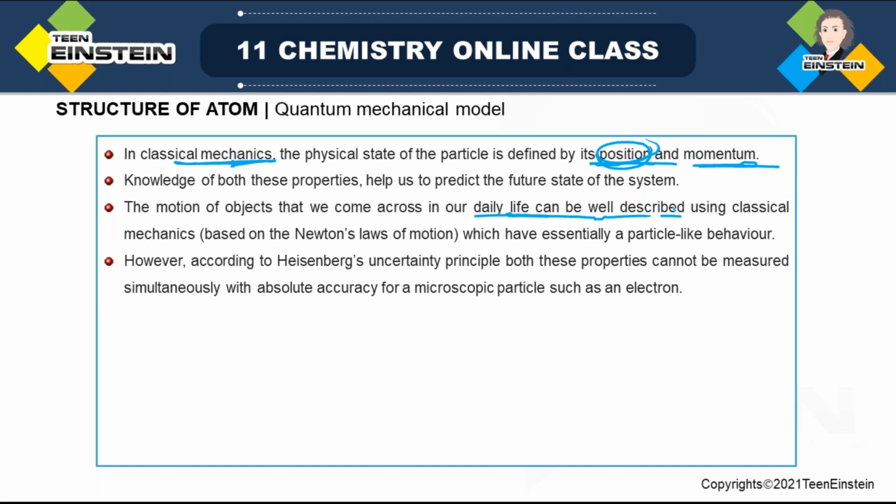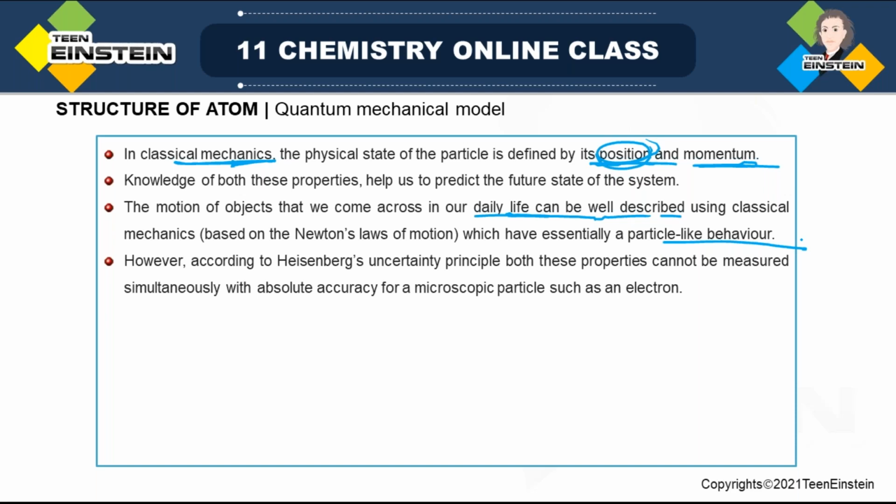Mainly it is physics, fine. And there you consider only the particle-like behavior, because the daily objects you see are basically all macroscopic objects. Obviously here wave character is not so significant, particle character is mainly present.